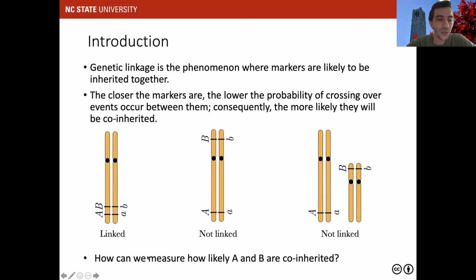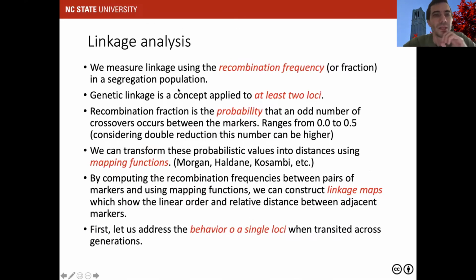How can we measure how linked 2 markers are in the context of genetic linkage mapping? We use something called recombination frequency or recombination fraction in segregating populations. Here, I'm going to explain how we do this in biparental populations.